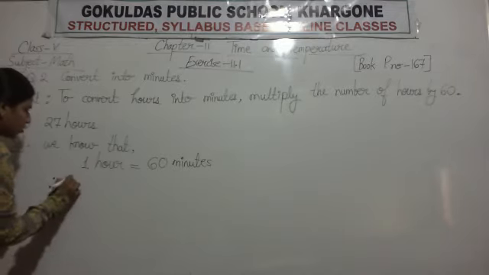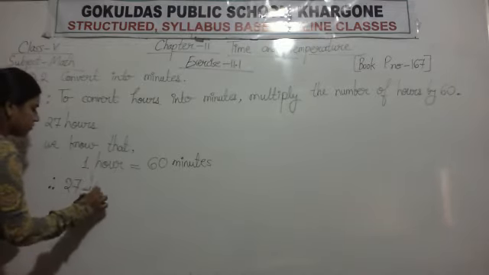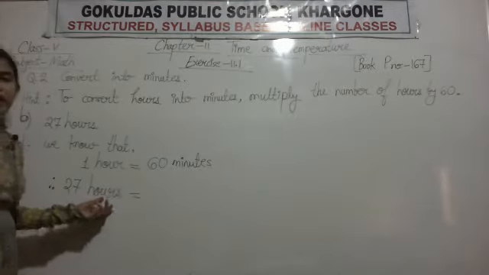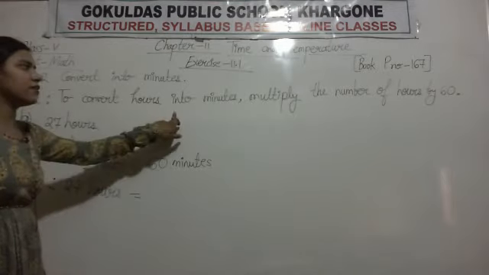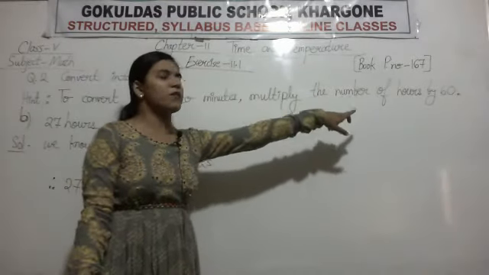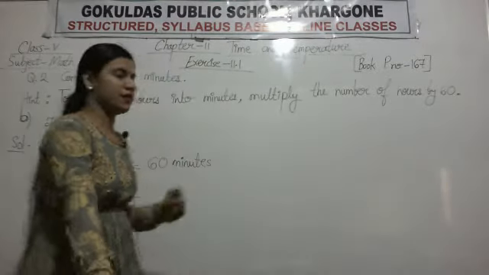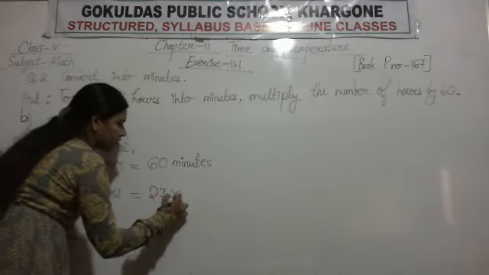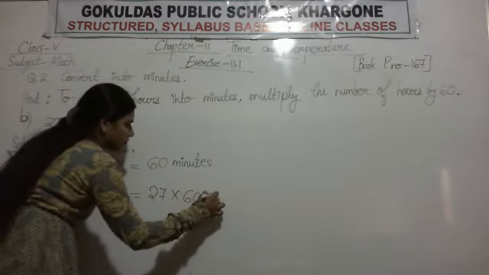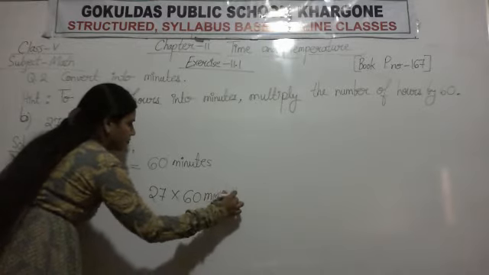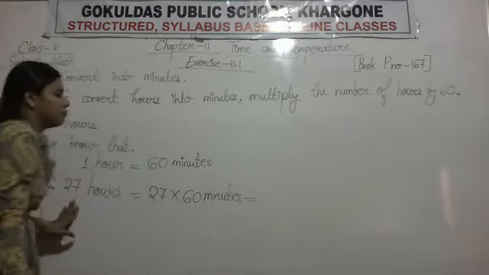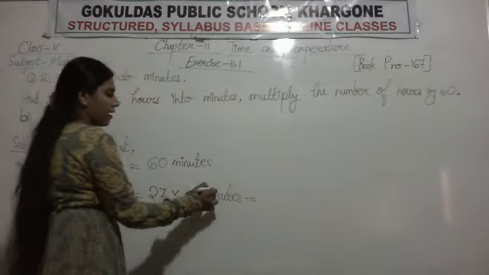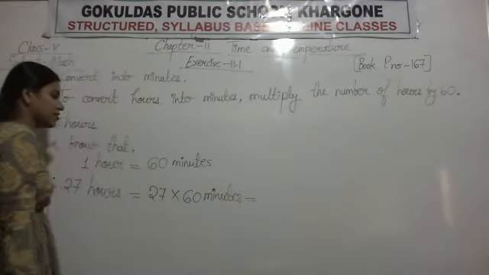Therefore, 27 hours will be equal to. Now we want to convert hours into minutes. So what hint says? Multiply the number of hours by 60. So we will multiply 27 by 60 minutes.